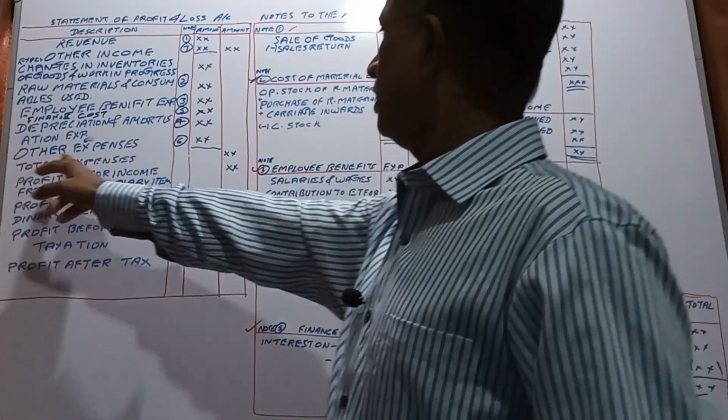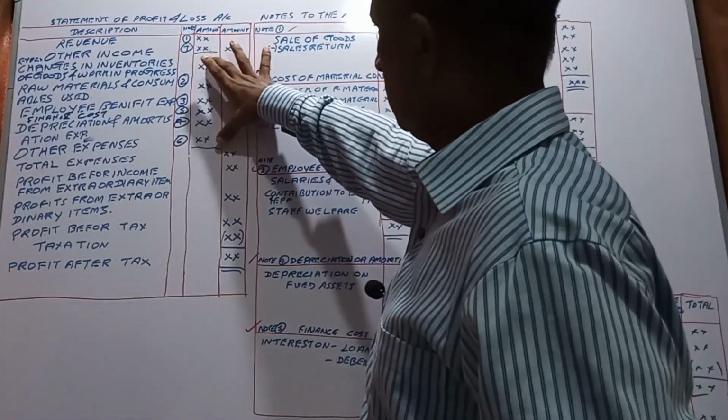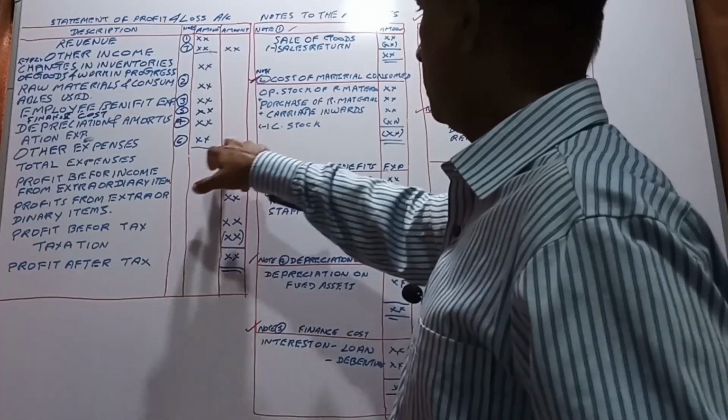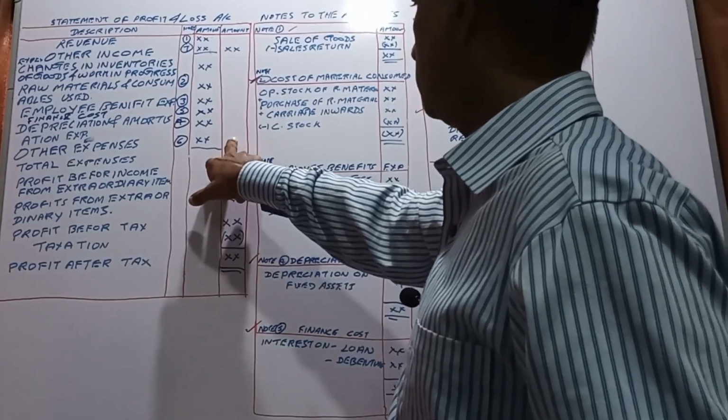So you will get all these total expenses. Total them down, bring it down and mention it as total expenses.